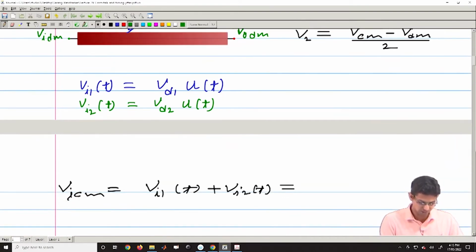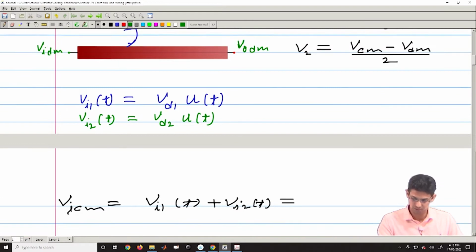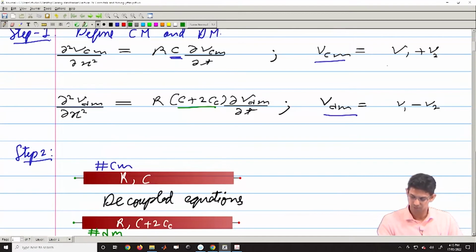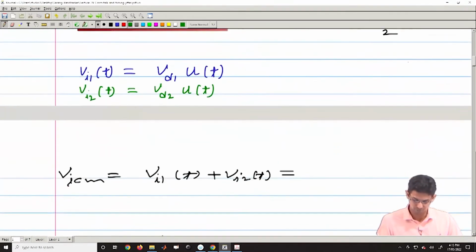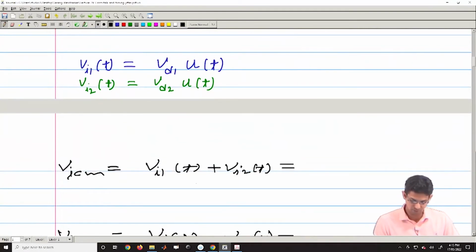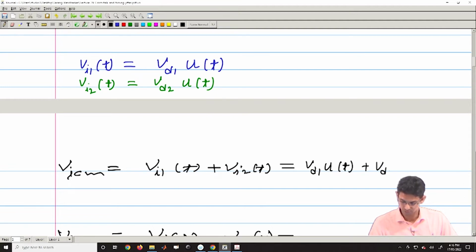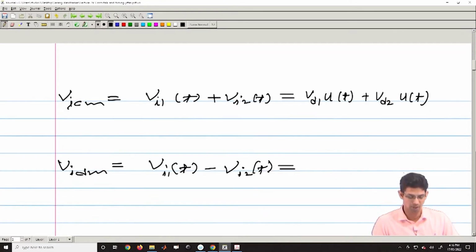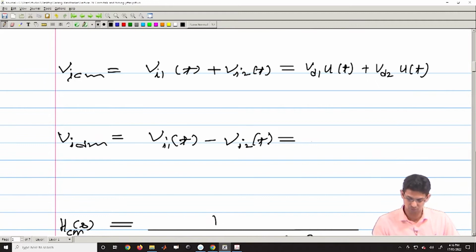So, what is my Vin common mode? It is the addition of these two voltages. So, my Vin common mode is simply Vd1 u(t) plus Vd2 u(t), and similarly my Vin differential mode is Vd1 u(t) minus Vd2 u(t).